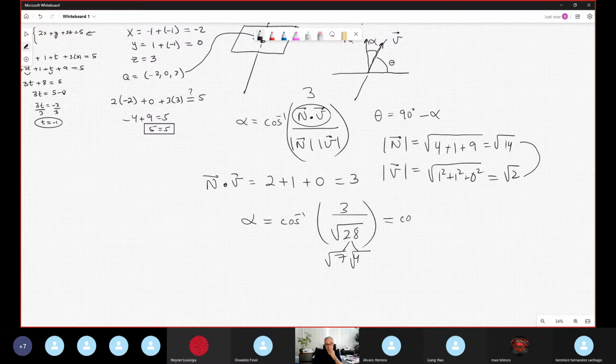It's cosine inverse of 3 over 2 radical 7. Then put it in the calculator, and this is 55.46 degrees, but this is alpha. So I need theta, and theta is 90 minus this.